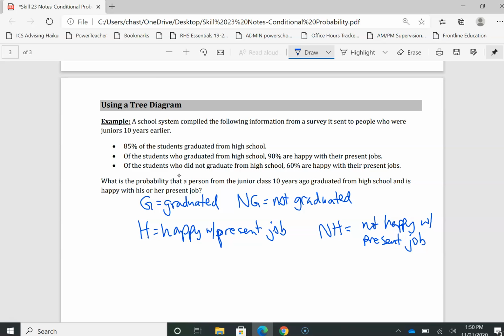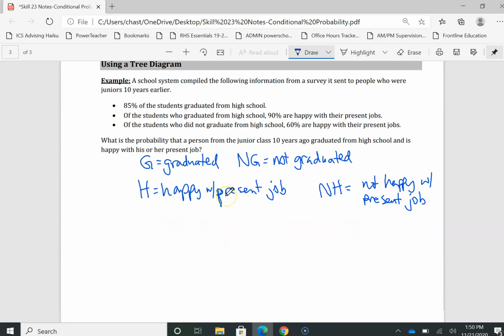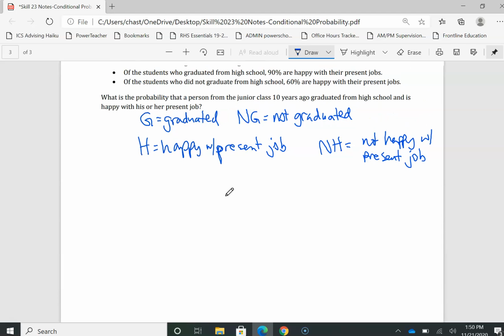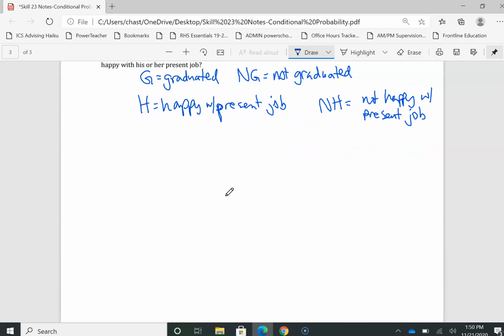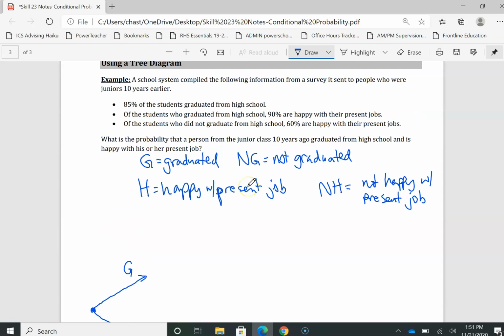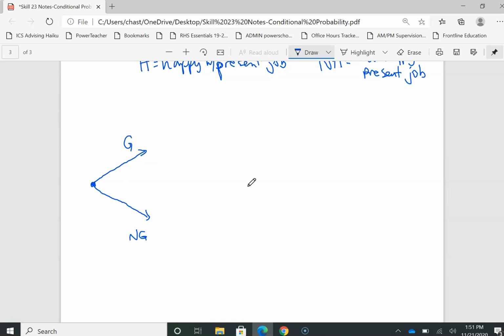So what we're going to do is make a tree diagram. We start at the beginning, and we have two types of people, graduates and non-graduates. We were told that 85% of all the students from that class graduated.